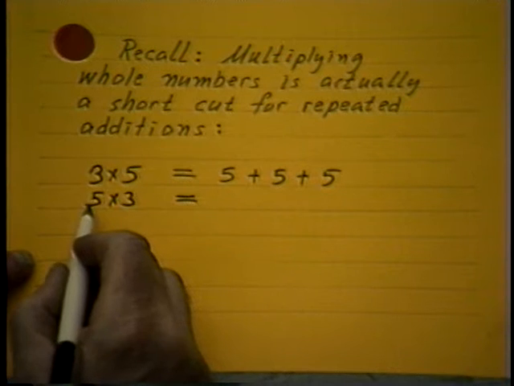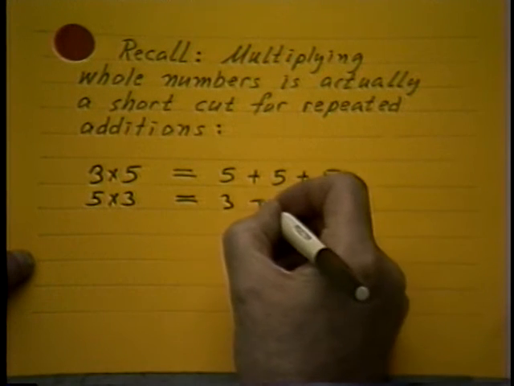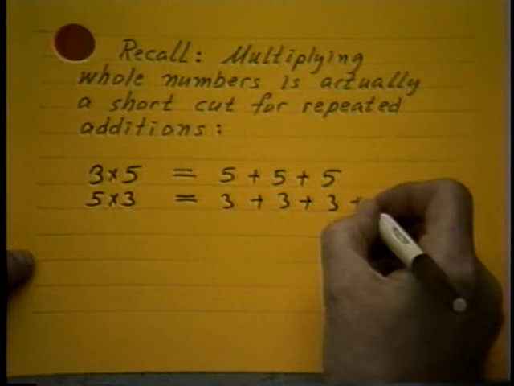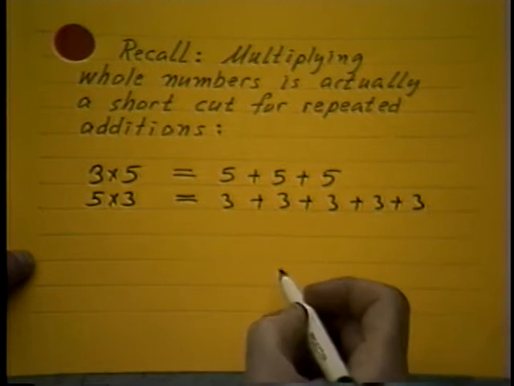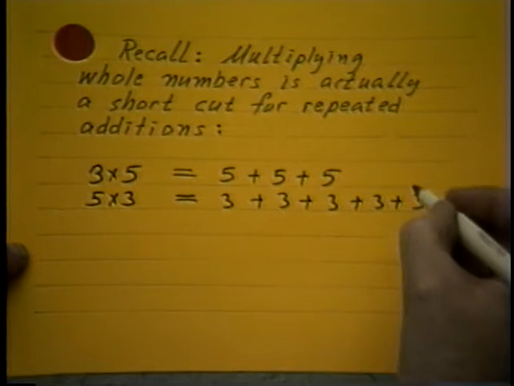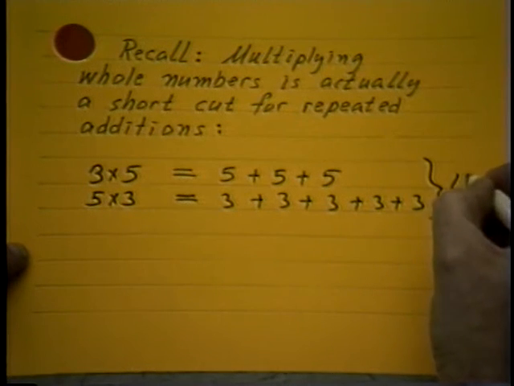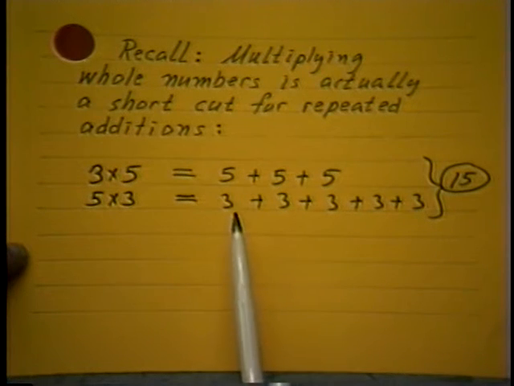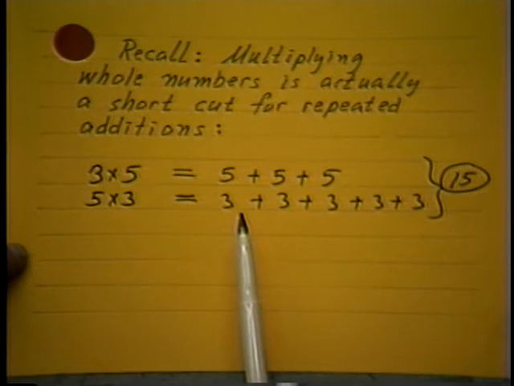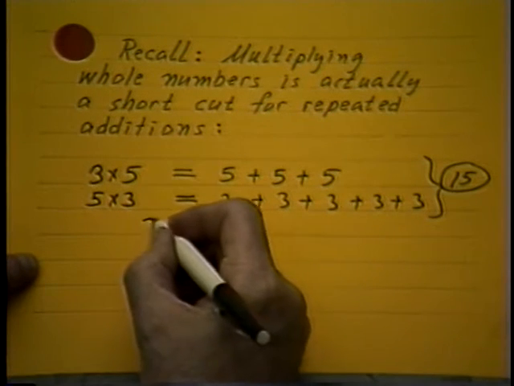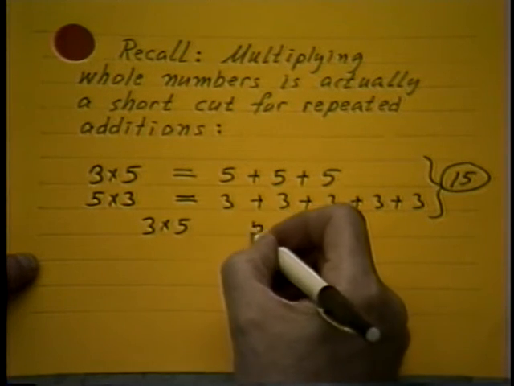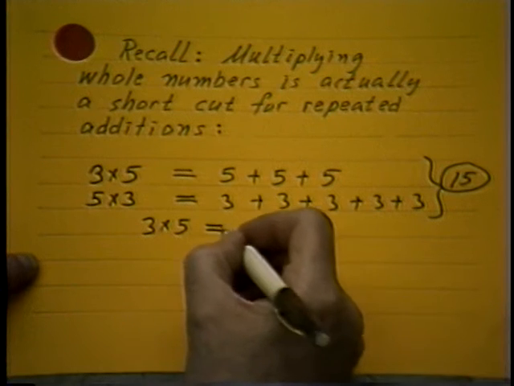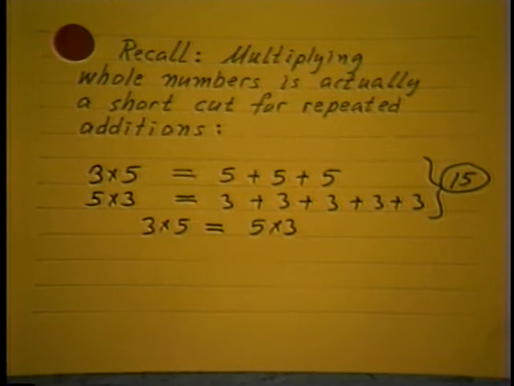It means take 5 3s and add them together. And in both cases, we get 15. An interesting fact that surprises us as children, but in time we learn to live with it, that 3 times 5 and 5 times 3 are exactly the same process. Not the same process, exactly the same value.